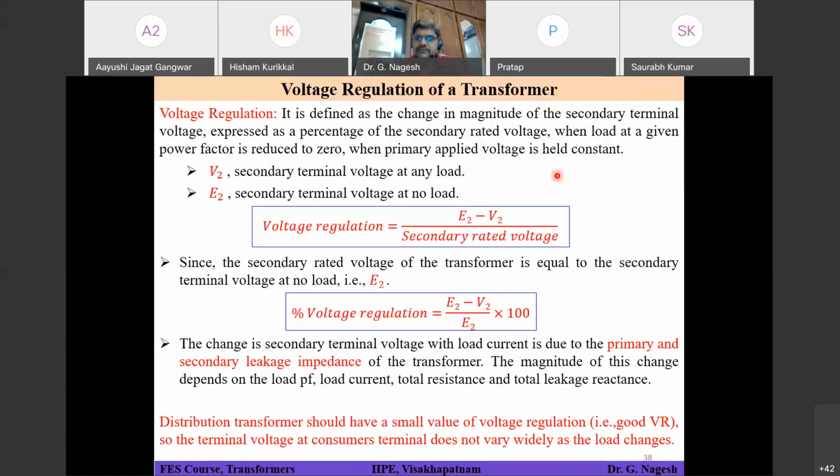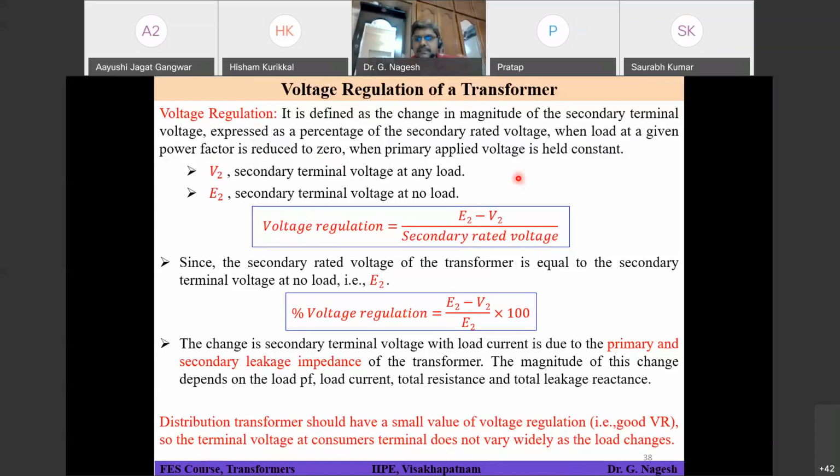So what did you understand from this? When the primary voltage is held constant, that means primary is rated for some voltage. That voltage we are going to fix. We are applying that voltage on the primary side. On the secondary side, you have connected one load of some specific power factor, and you have measured the voltage at the load terminals.